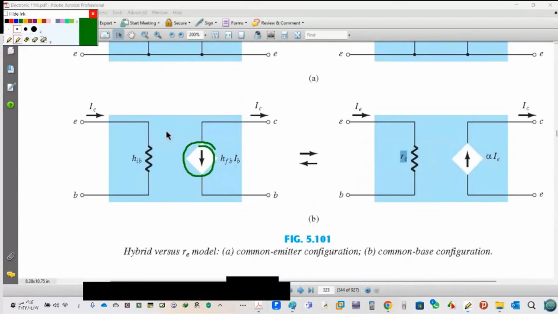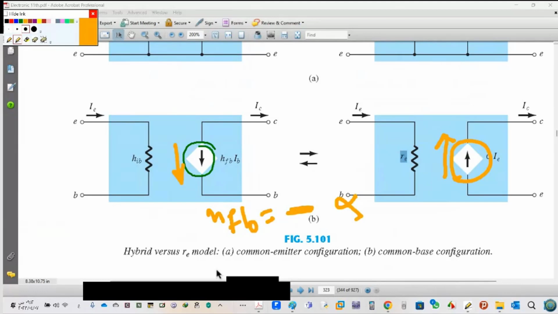HFB, the arrow is down. Here, the arrow is up. So HFB equals minus alpha. Clear why it's minus?